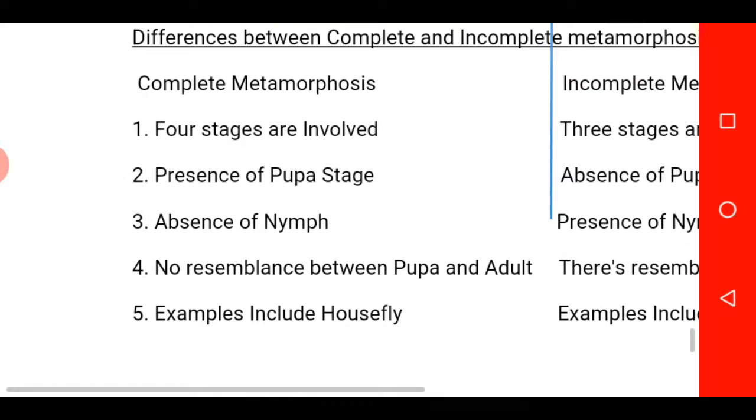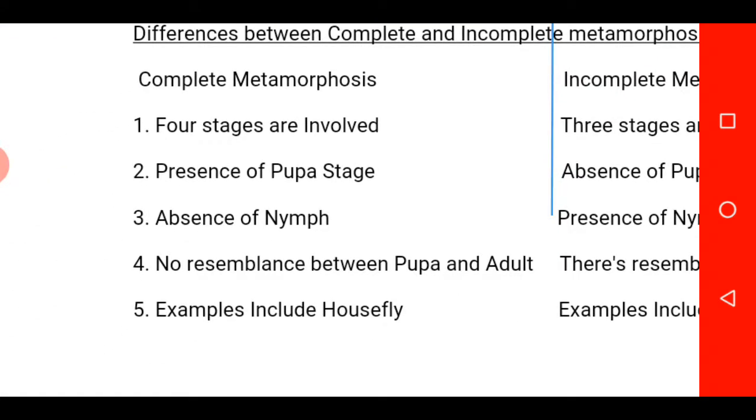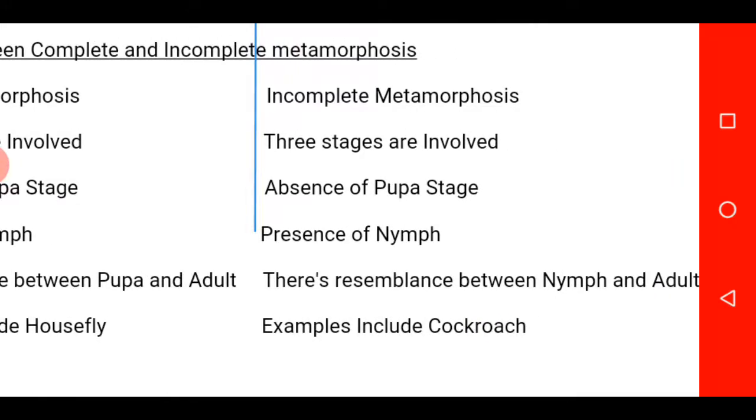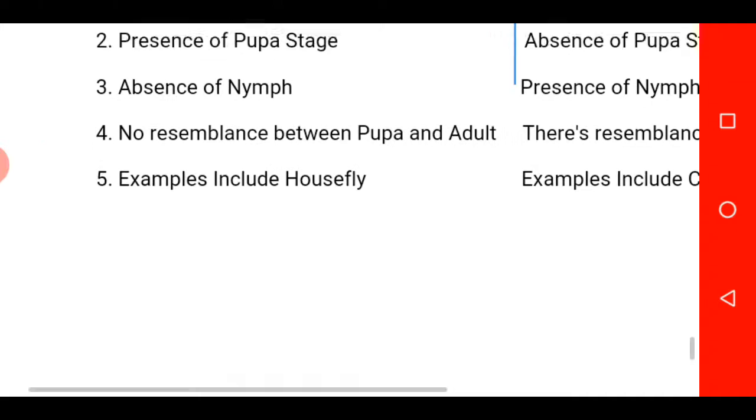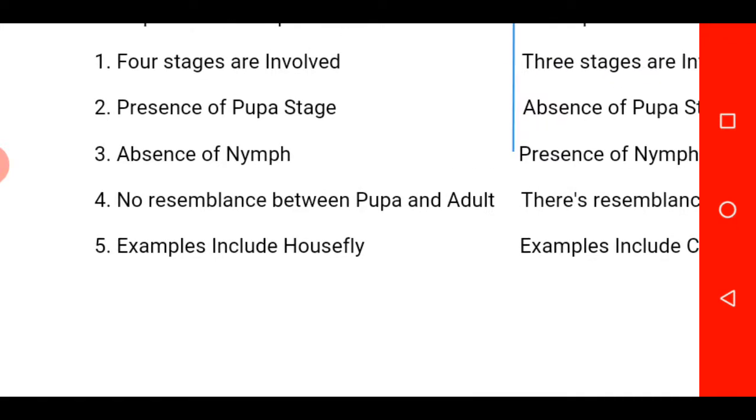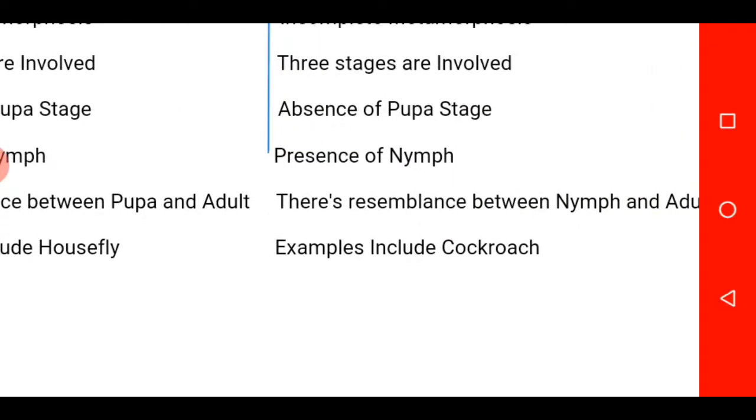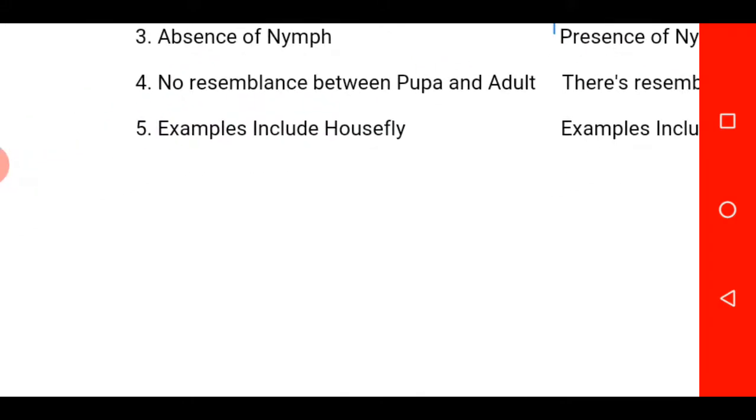Also, there's presence of the pupa stage in complete metamorphosis, and the pupa stage is absent in incomplete metamorphosis. Then there's absence of nymph in complete metamorphosis, and nymph is present in incomplete metamorphosis.